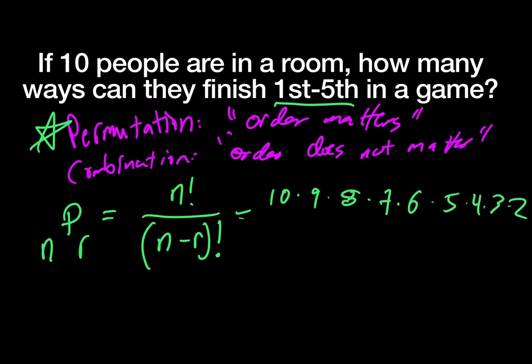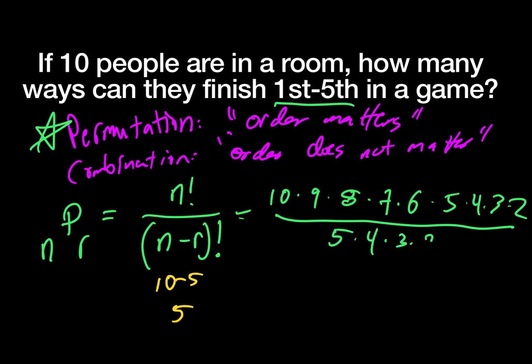I'm not going to write times 1. It is there, but it doesn't really matter. It's redundant, it's the identity. And then down here, n minus r is 10 minus 5, which is 5. So it's 5 factorial, which is 5 times 4 times 3 times 2 times 1.